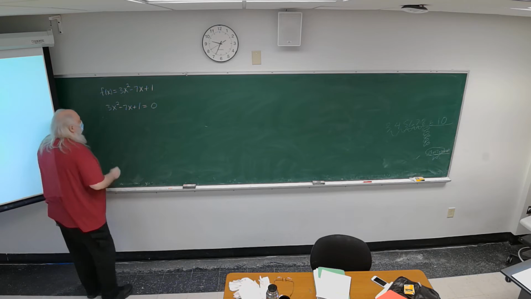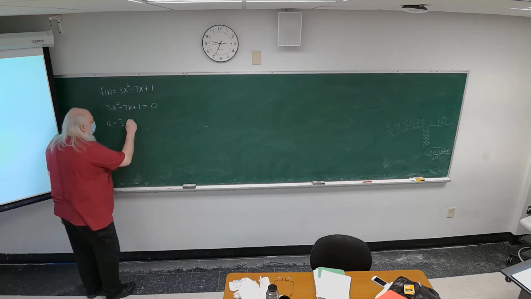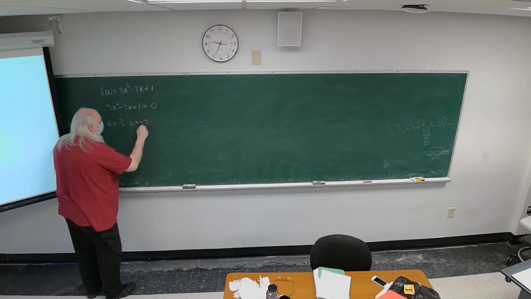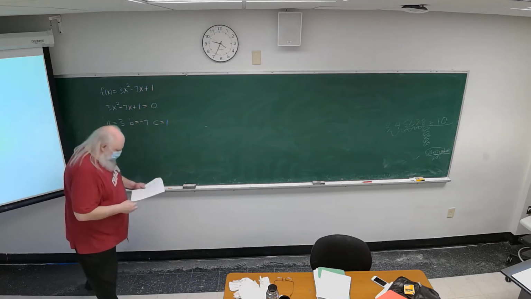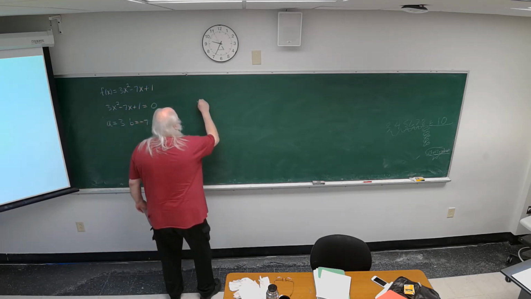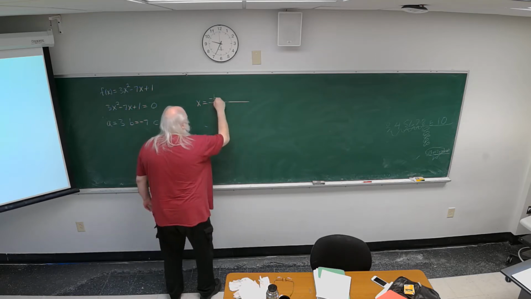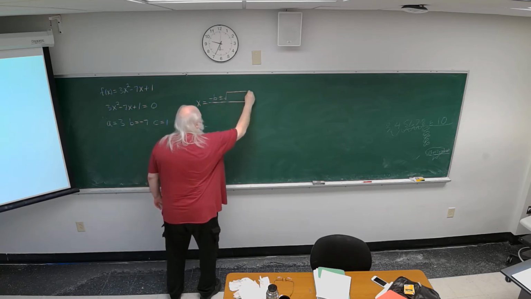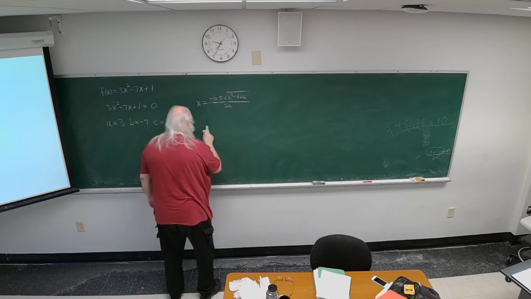Okay? So in this example, a is equal to 3, b is equal to minus 7, c is equal to 1. So x is equal to negative b plus or minus the square root of b squared minus 4 times a times c, over 2a.